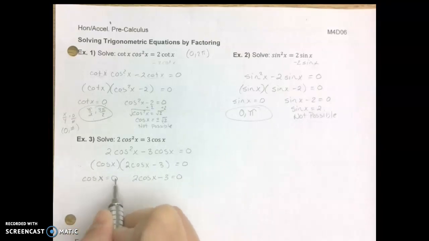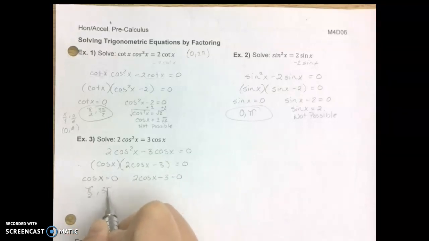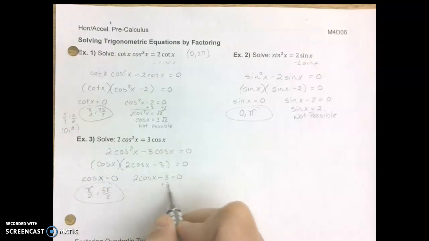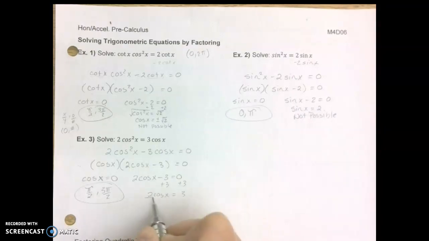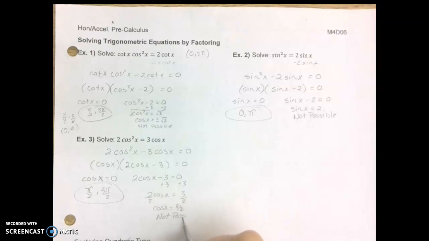When is the cosine of x 0? That's at pi over 2 and 3 pi over 2. Then I add 3. 2 cosine of x equals 3. Divide by 2. Well, now that's not going to work, is it? Because 3/2 is still greater than 1, so this is not possible. Okay, so my two solutions are pi over 2 and 3 pi over 2.